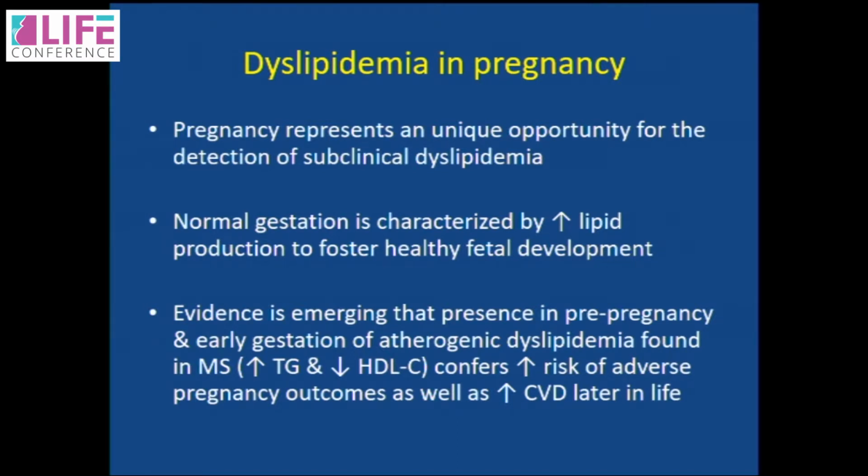There's a lot of evidence emerging that the presence in pre-pregnancy and early gestation of particularly atherogenic dyslipidemia increases the risk of adverse pregnancy outcomes, as well as increasing cardiovascular risk later in life. The particularly atherogenic lipid profile that I'm talking about is exactly what we see in the metabolic syndrome, where we see people with elevated triglyceride levels and reduction in HDL cholesterol levels. And if you have a combination of these, people are particularly atherogenic.